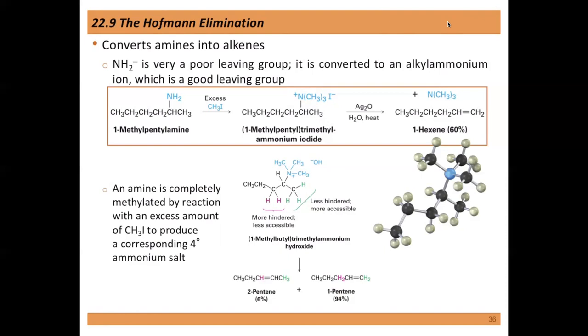And in this reaction here, what they do is essentially an E2. So the overall transformation is we convert that amine into a leaving group, and we're going to do an E2 elimination.